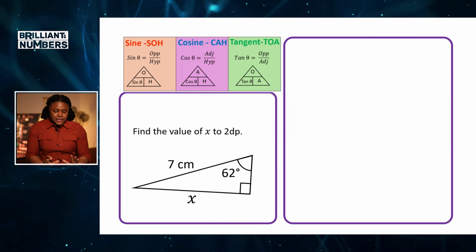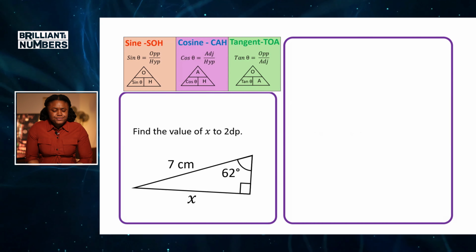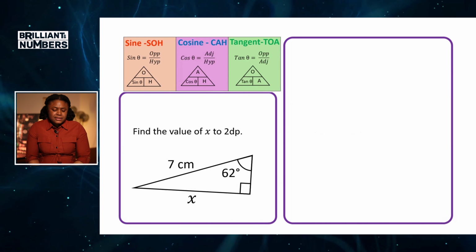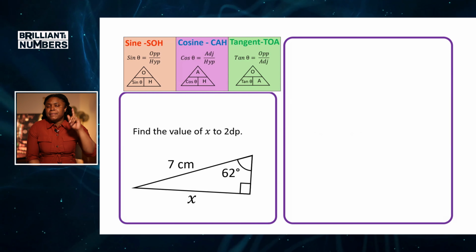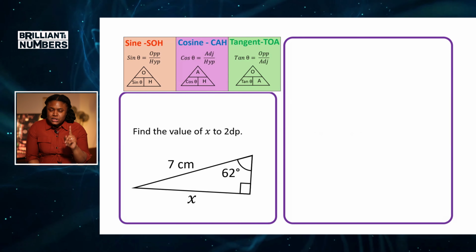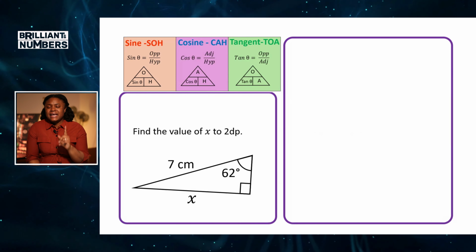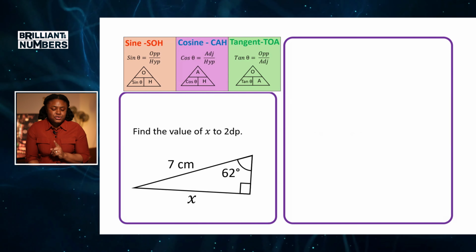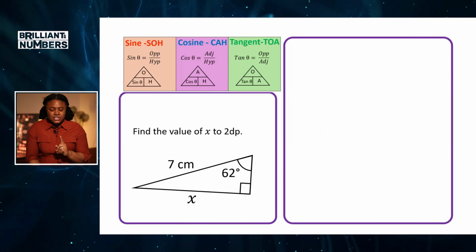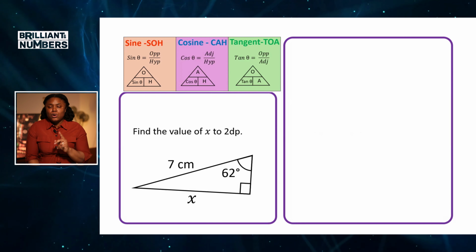So I'm given this particular triangle and I'm asked to find the side x. Remember, you must ask the question, is this a right angle triangle? And the answer is yes. Now, 2 possibilities just to remind you.